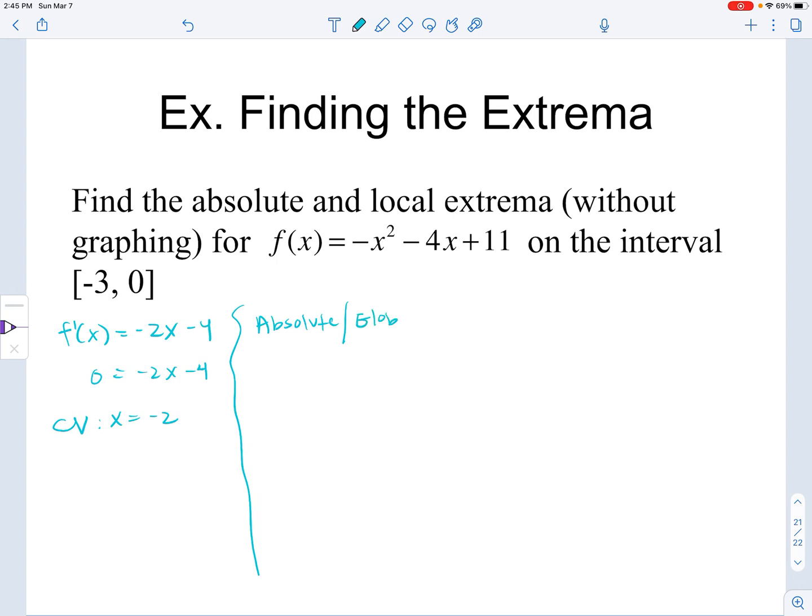Okay, so for identifying the absolute, also known as global, they're interchangeable. I don't care which you use. Okay, we're going to make our table again with the endpoints and the critical value.